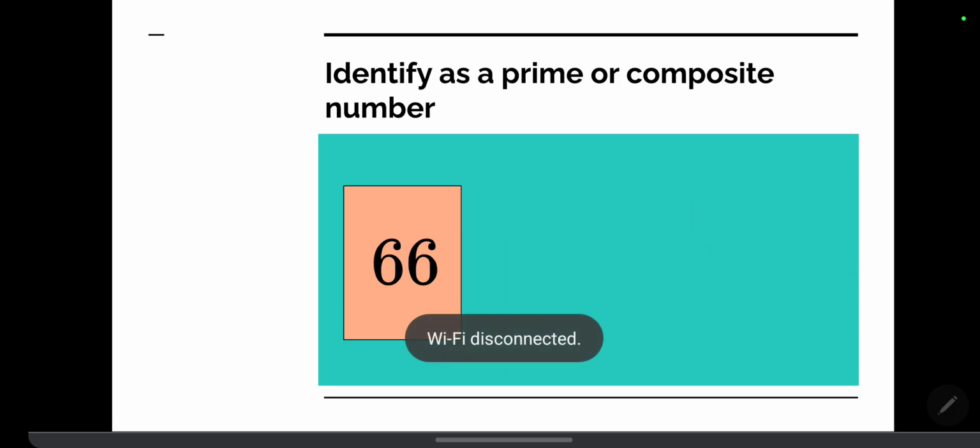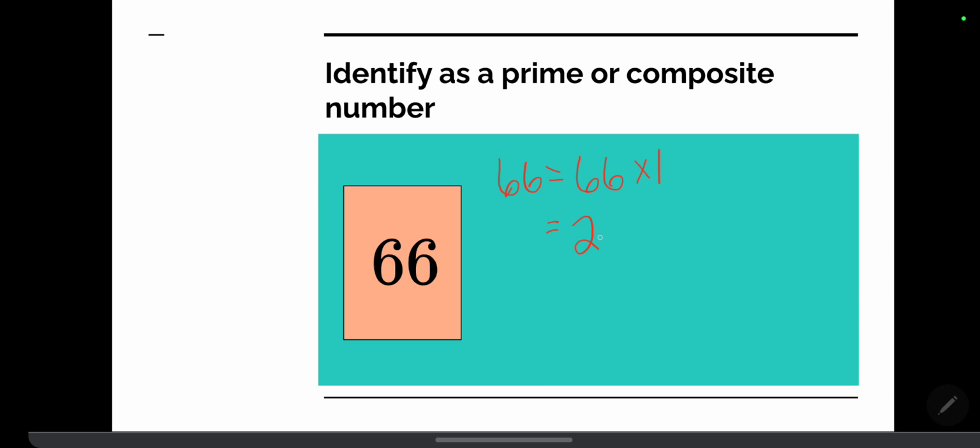Alrighty, let's get to the next one. 66. So let's think of some factors of 66. Of course, we can start off with 66 equals 66 times 1. Okay. Now let's see here. I know for certain 66 is 2 times 33. Alrighty. And another one here that we have is 66 equals 22 times, what do y'all think it is?